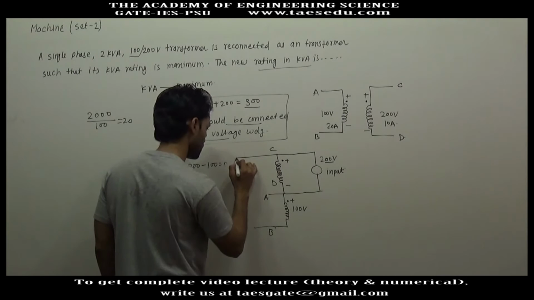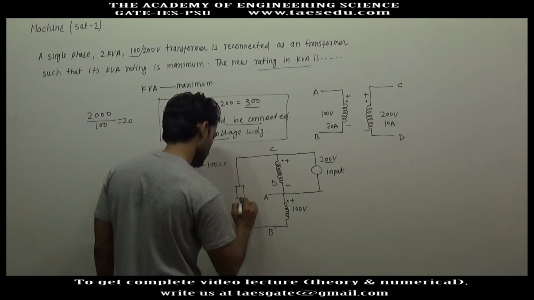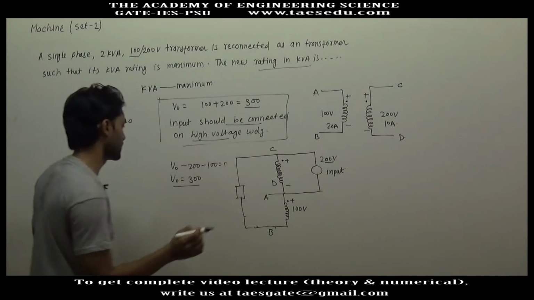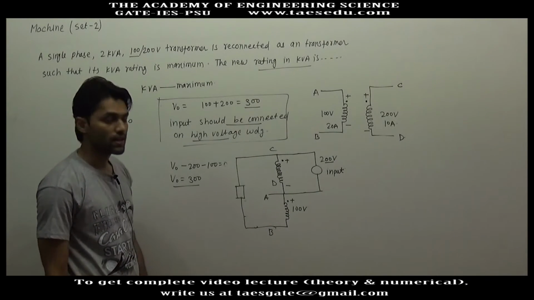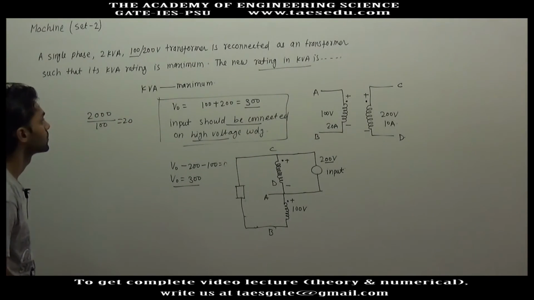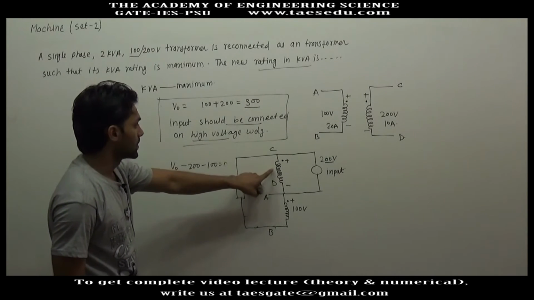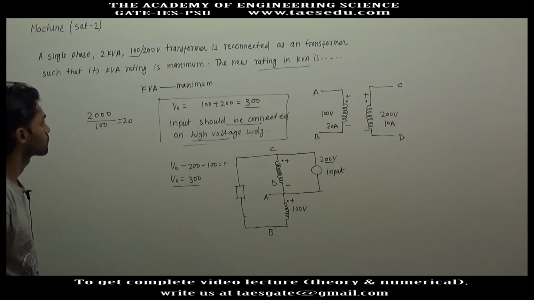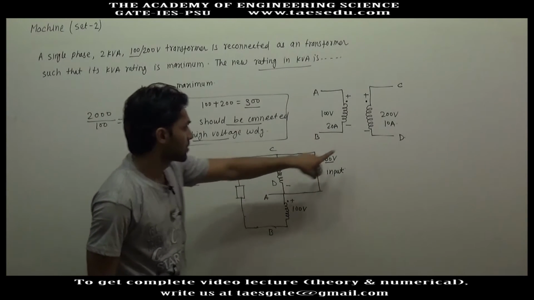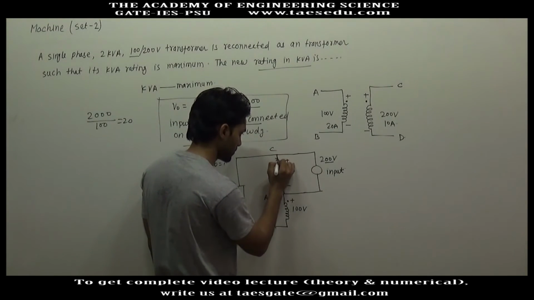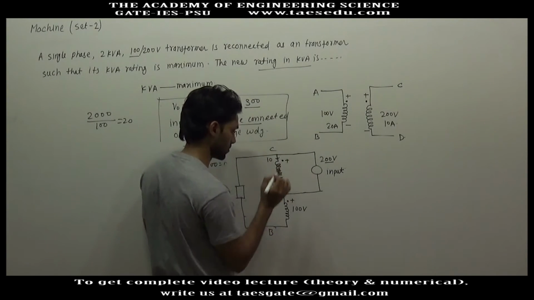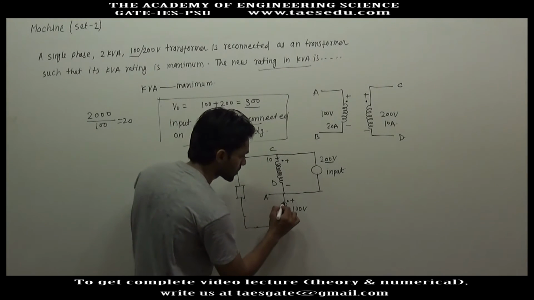Okay. In the output, let us connect a load. Now to find out rating, we have to flow maximum current in the windings. So rating of this current is, high voltage winding is 10 ampere. So let us assume that 10 ampere current is entering in this dot.